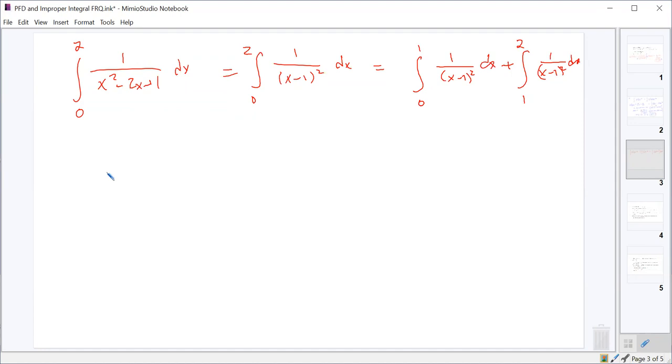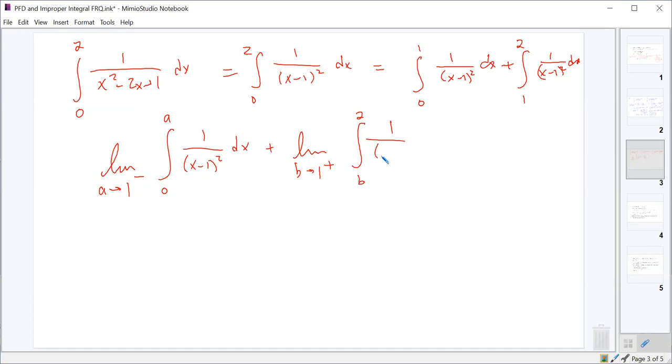So let's call this the limit as a approaches 1 from the left. As we're going from 0 to 1, we approach 1 from the left, so it should be an integral from 0 to a of that same thing. And we'll add to that a limit as b approaches 1 from the right of the integral from b to 2 of that same thing. Everybody good with that, the setup for the improper integral?